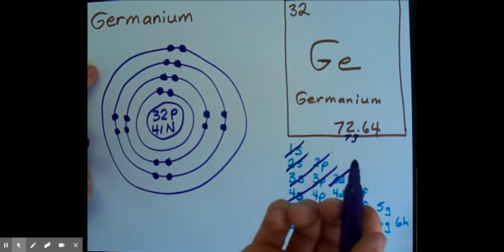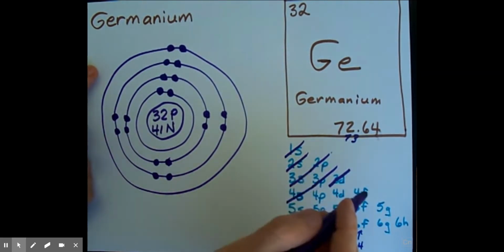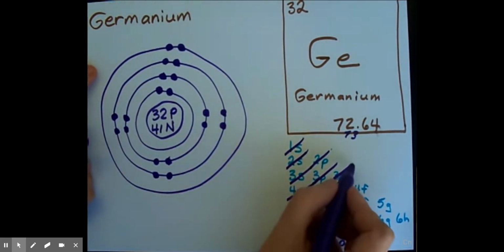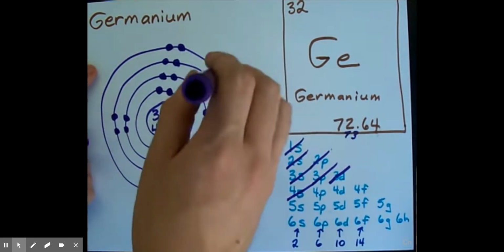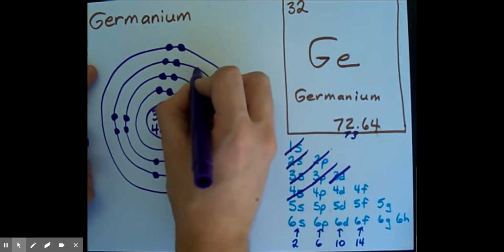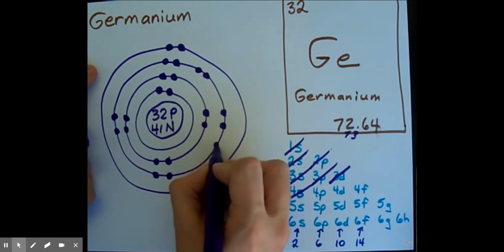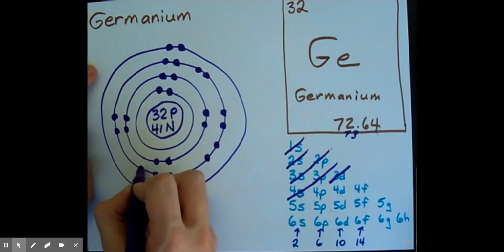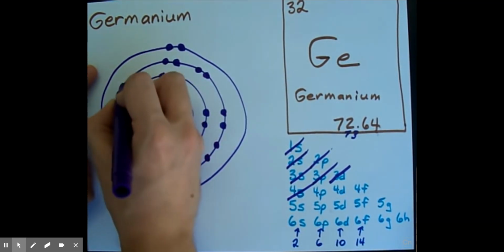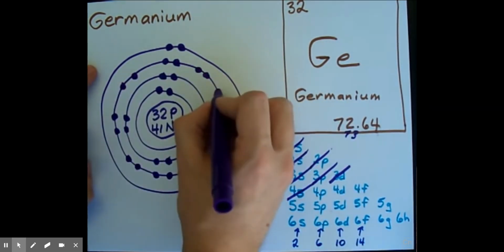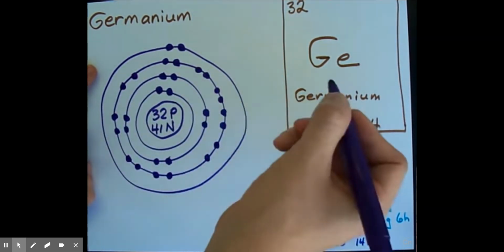It's a little weird, eh? But according to the order of filling that I have down here, that's the way it is. So I'm putting 10 in my third shell now. 1, 2, 3, 4, 5, 6, 7, 8, 9, 10. Almost ran out of space.